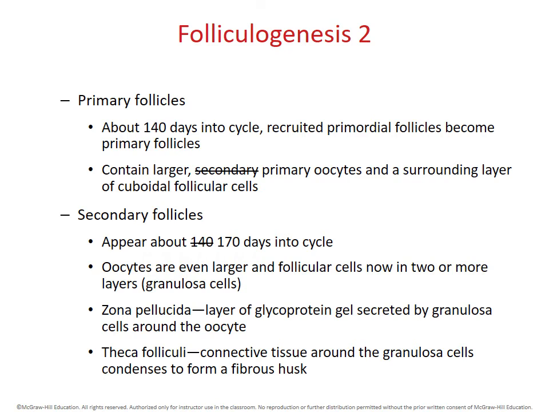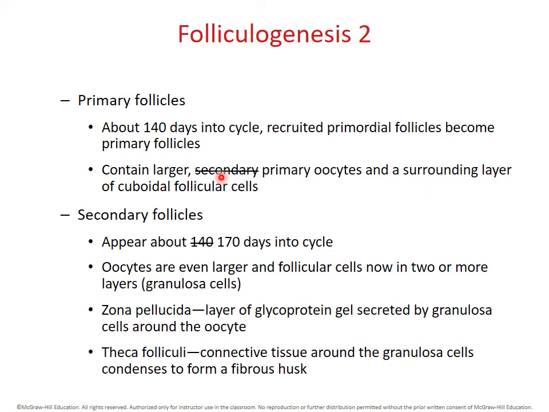About 140 days into this 290-day path, in other words about halfway, the 24 primordial follicles will become primary follicles. These primary follicles contain the oocyte again. Now here again is a typo in the presentation. The PowerPoint says that the primary follicles contain the secondary oocyte. Well, that's not true.